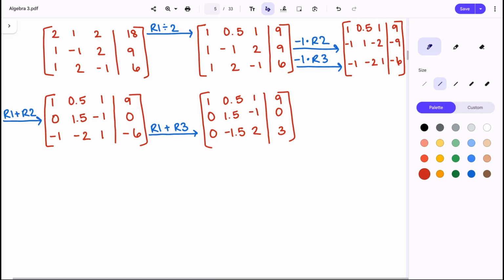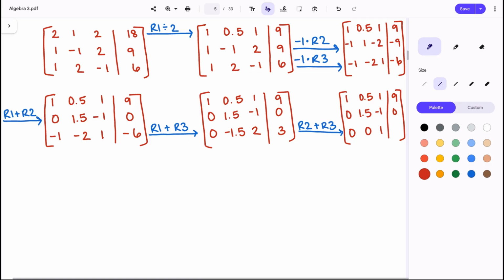Yeah, let's add row 2 and 3 again. Okay, so if we add row 2 and row 3, that'd be 0 plus 0, which is 0. 1.5 plus a negative 1.5 is 0. -1 plus 2 would be 1.